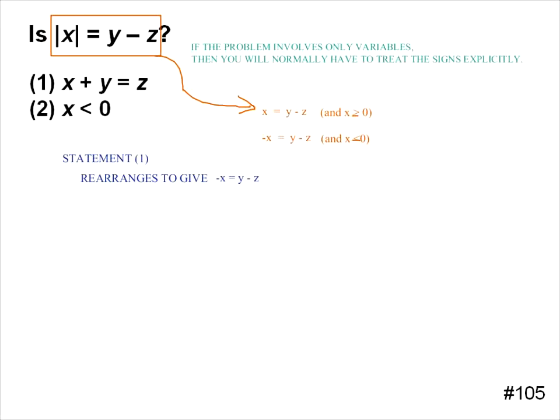You can make that into negative x equals y minus z. So is that sufficient to solve the data sufficiency problem, yes or no, in the text box? So no, it's not, because we don't know if this condition is also true. This by itself is not good enough. This is only valid if x is negative.